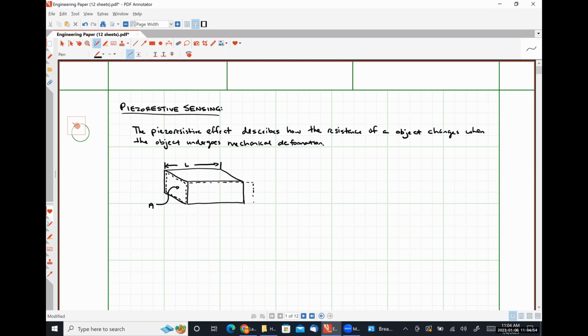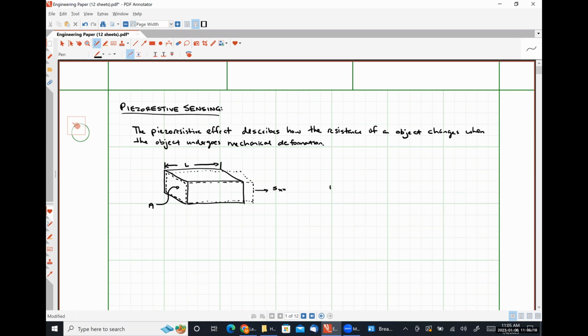A bit exaggerated, but it'll be okay. And then here is our strain in what I'm calling the x direction, right?